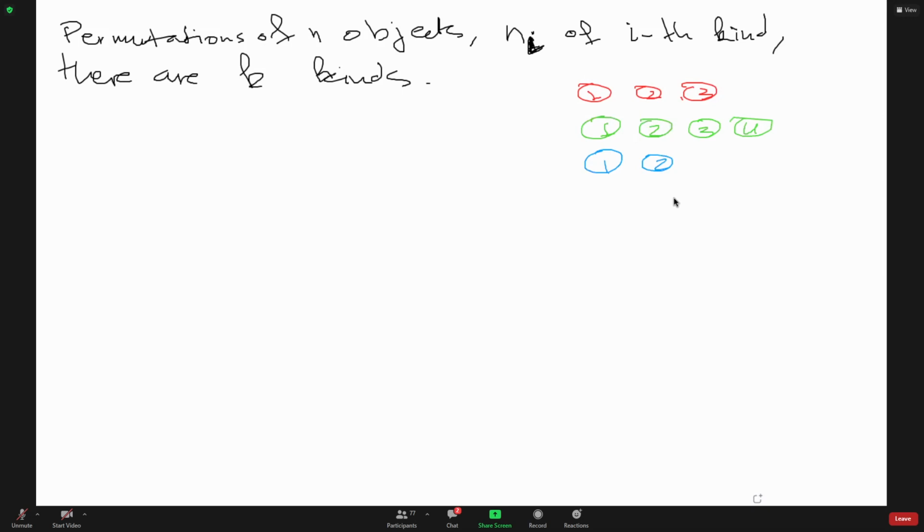Let me actually, so let's say this is our set of objects, right? And from this set, I want to have permutations where I have 2 red, so n1 is 2, 1 green, which means n2 is 1, and let's say 1 blue, n3 is 1.